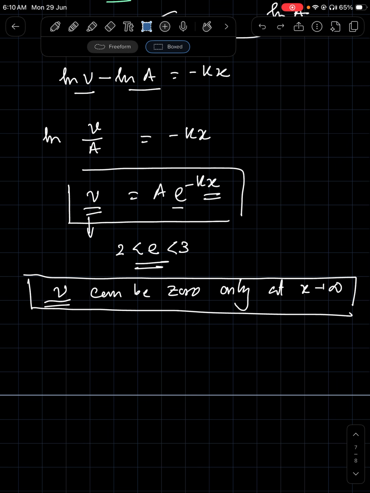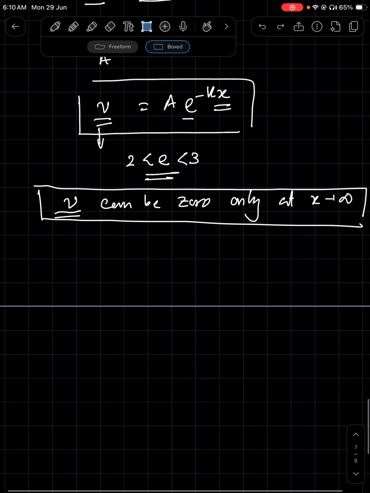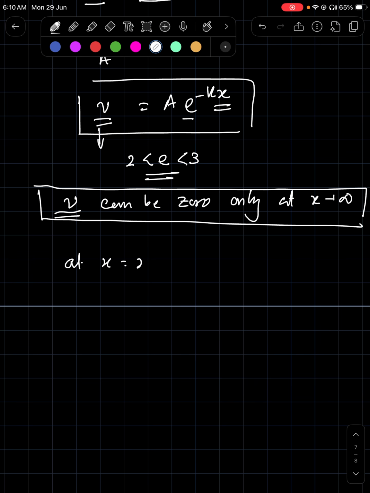So let me put the initial condition first. It is said from the very beginning that at x equal to x naught, the velocity is v equal to u. So I am going to put that here in place of v, that is u, at the value x naught. So A becomes u into e to the power k x naught.